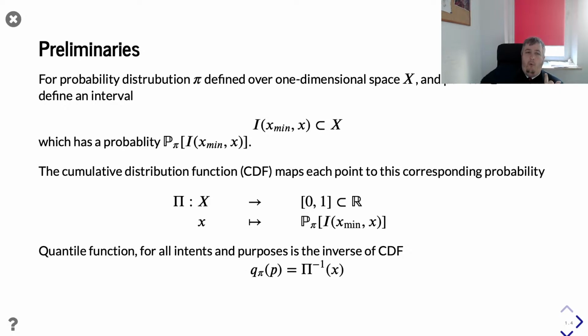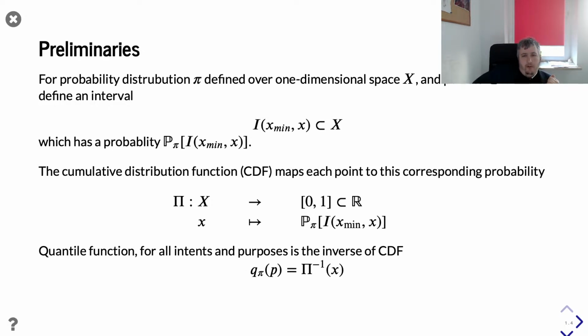We can assign a number to it: what is the probability of x belonging to that interval? In the case of a continuous distribution, this is the only way that we can represent probabilities, by intervals, because each point has, as we know, zero probability.